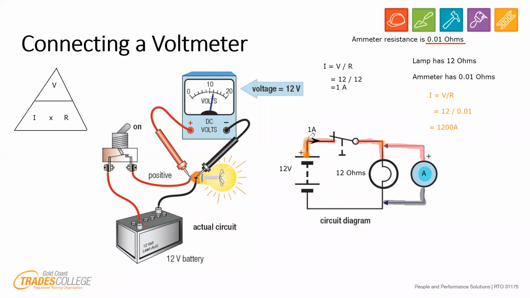It starts here, through the conductor, through the switch, through the conductor, through now the lead, which is a cable, it's a conductor, through the ammeter, which is 0.01 ohms, so that's a conductor, through the black lead, which is a conductor, through the negative, which is a conductor, back to the battery. Nothing to stop it, nothing to slow it down, and that's where this huge number comes from. And that's only from 12 volts.